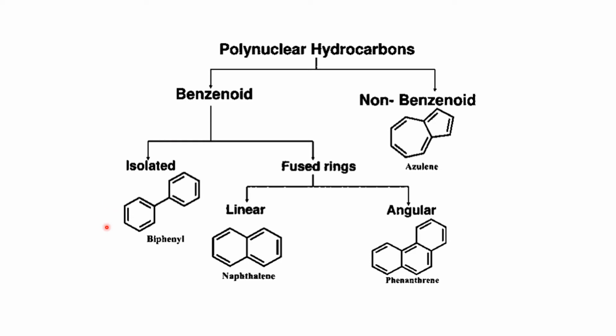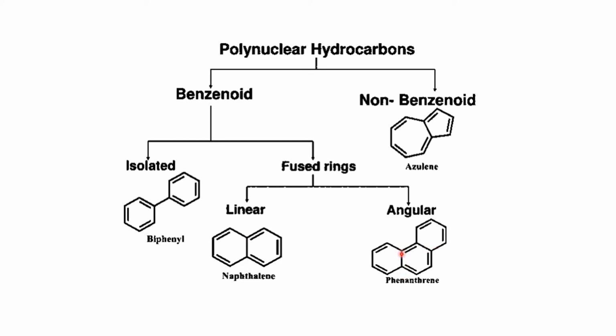Diphenylmethane, as well as the next member, triphenylmethane, this biphenyl, they all come under isolated, because you can see two benzene rings, they don't have any carbon common in them. There is a bond joining them. But here if you see, two carbons are common in every case. Here also two carbons are common.